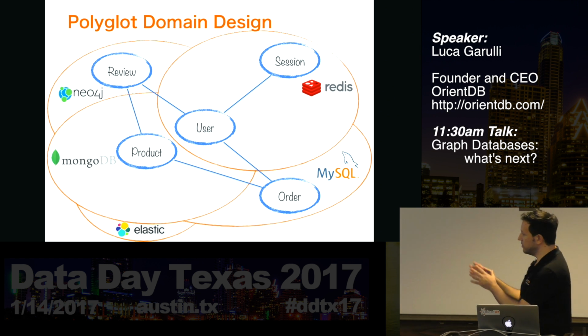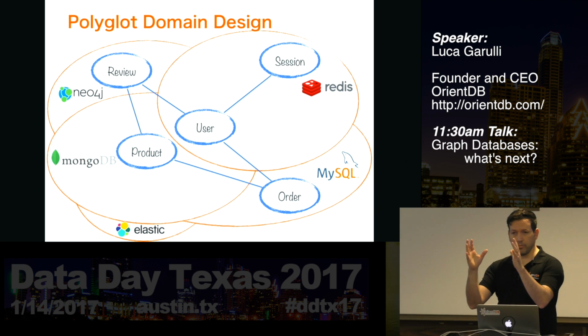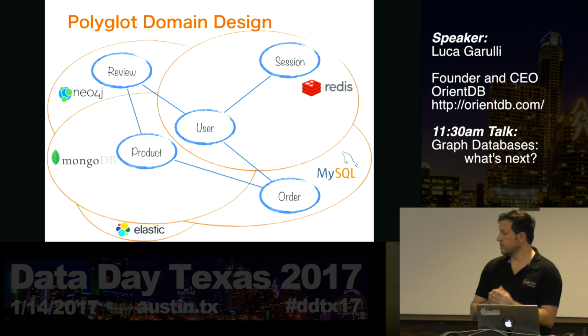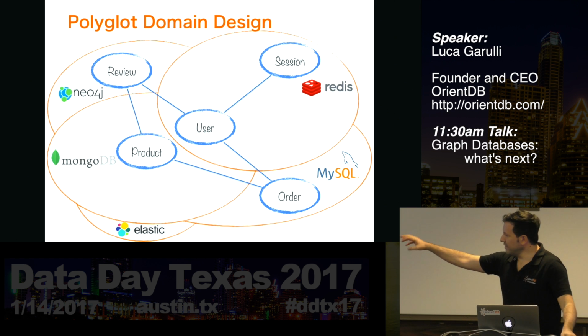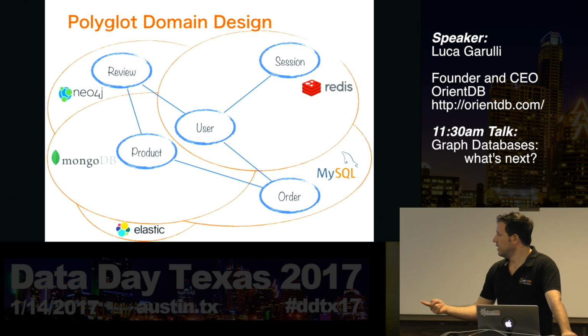So with the polyglot approach, I should split my domain across different databases, right? Maybe the user is the only thing in common between all the databases. So the user has to be replicated across all the databases and synchronized. By the way, there are no tools that can do the synchronization for you. It's up to you.